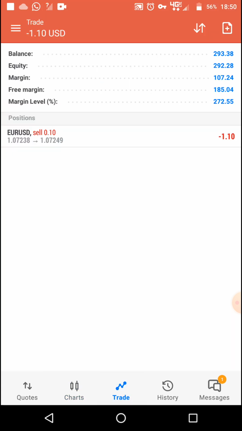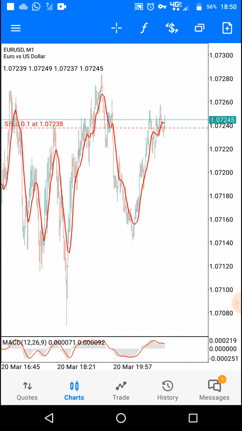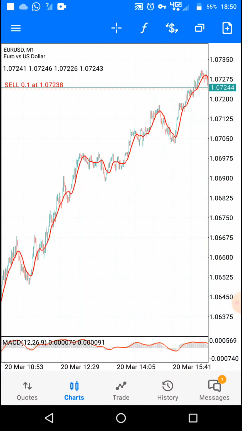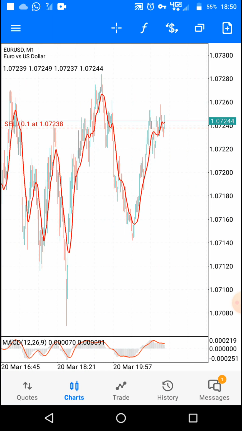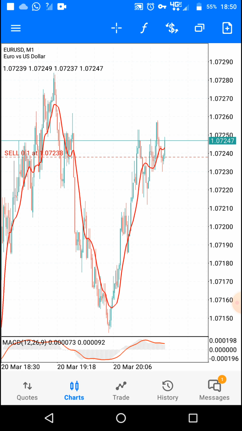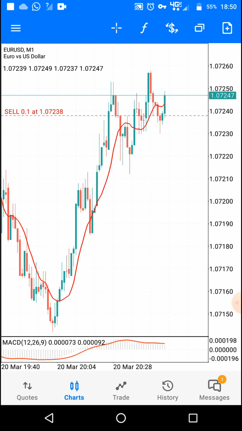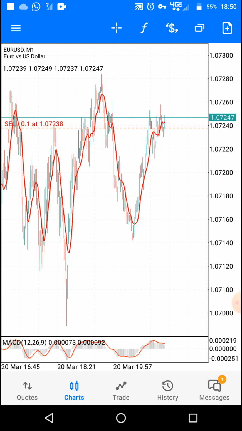Right now I'm making a loss of $1, but you don't have to panic, because if you believe in your strategy and in what you've seen ahead, you will see that this market will definitely fall.